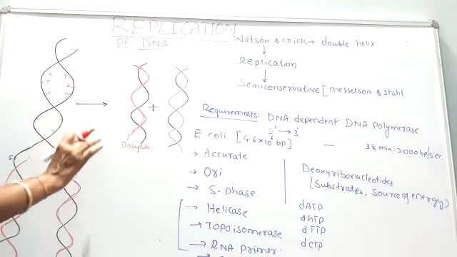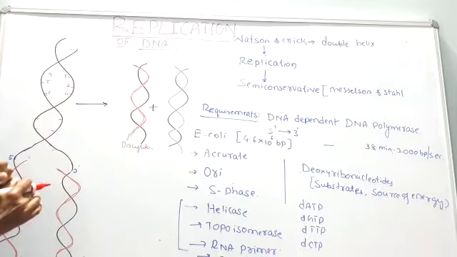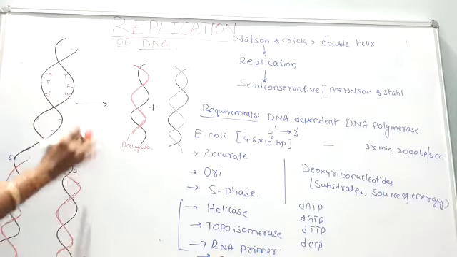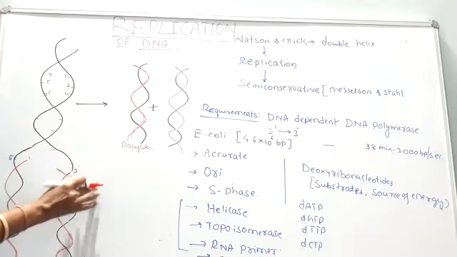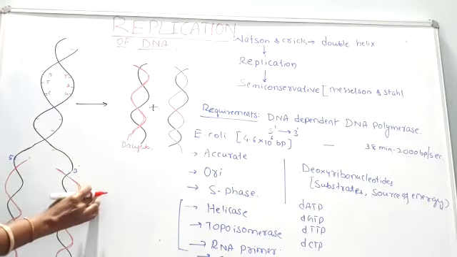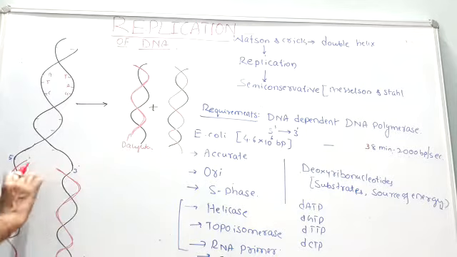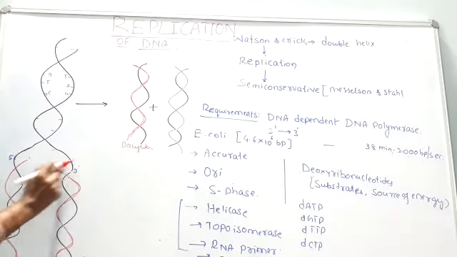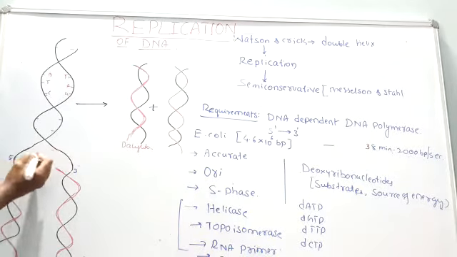So this process is nothing but the semi-conservative method of replication. We have already understood this in Meselson and Stahl. This is the diagram showing the replication of the DNA. The mature parent DNA, during its replication, becomes unwound. What is unwinding?